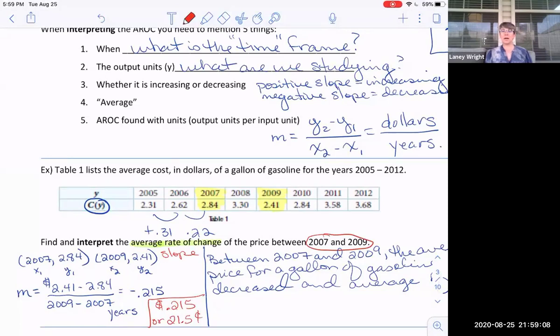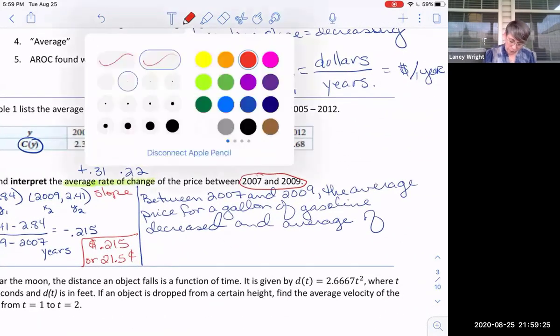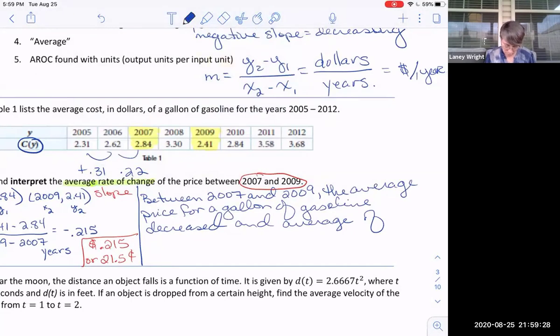If it is a currency you're not familiar with, please just keep it in the decimal form with whatever units they gave you, okay? So we can keep the dollars, and we can say it decreased an average of 0.215 dollars per, we'll just even write it out right now, dollars per year.